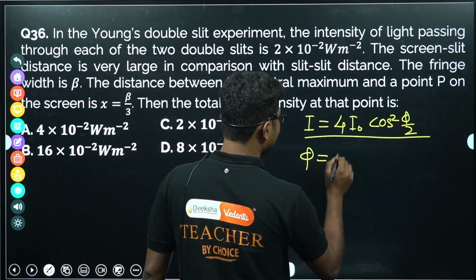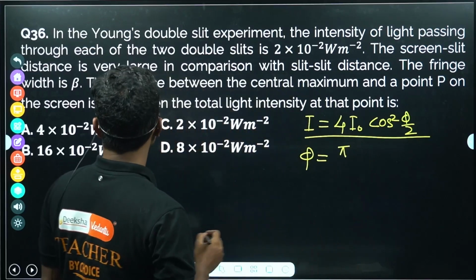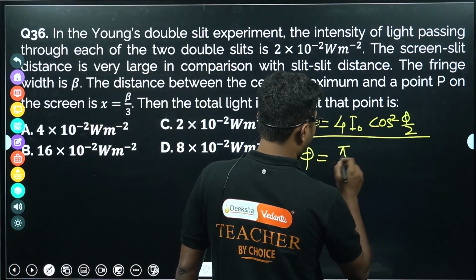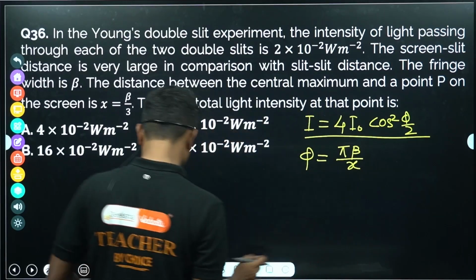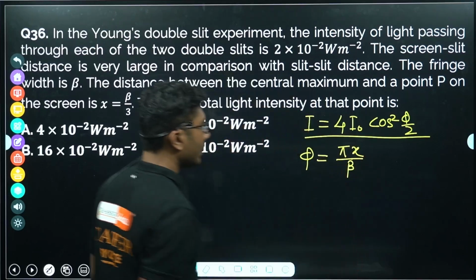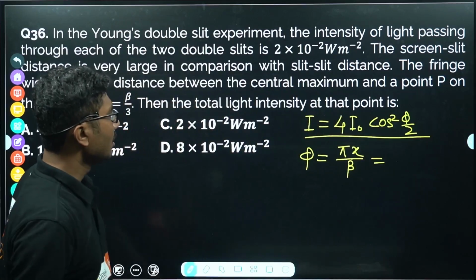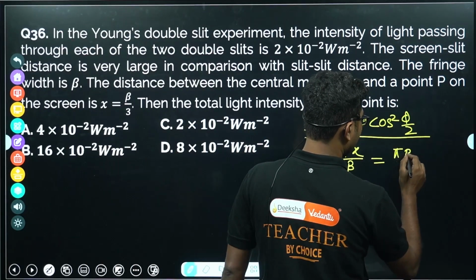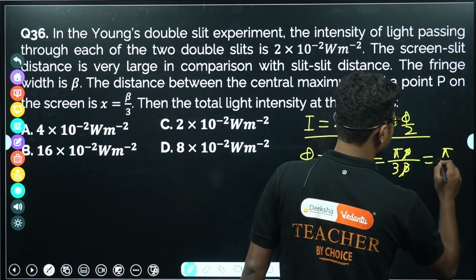So phi is pi x by beta. Okay, so we can insert the values. x is beta by 3, beta beta cancel, so it will be pi by 3.